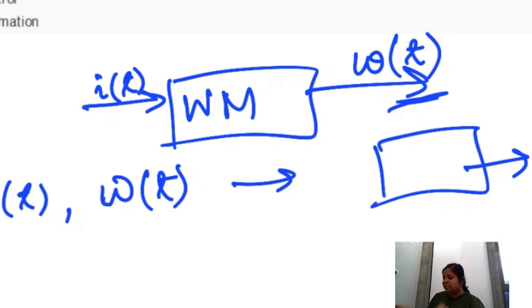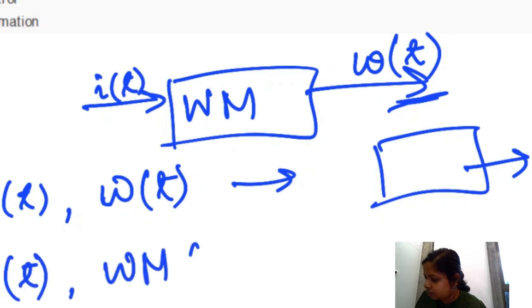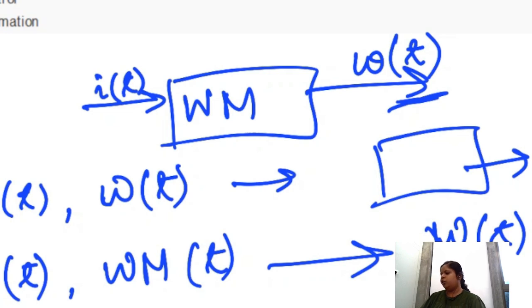You want to synthesize a network given the input and output. If you have the input with you and if you know the ordinary differential equation of the washing machine, then you just want the output, omega t. That is a prediction problem because you have the input, you know the plant and you just want to find the output. Everything was known to you, you just have to get the answer.